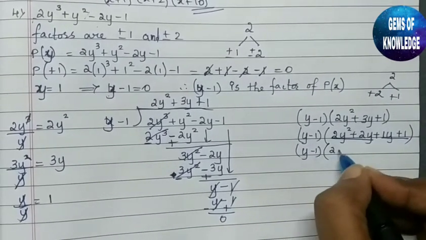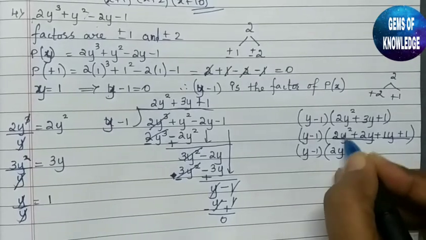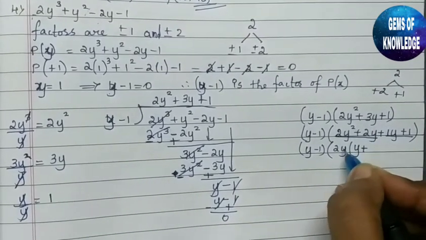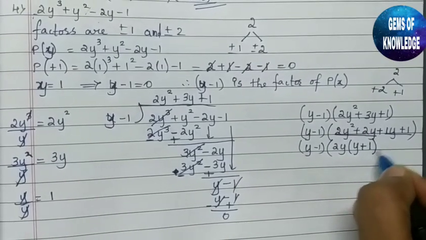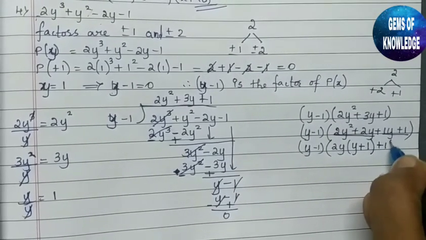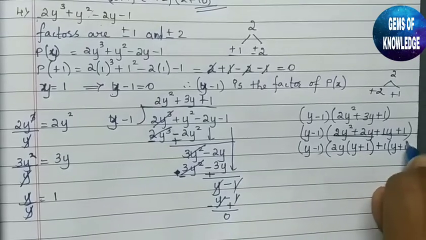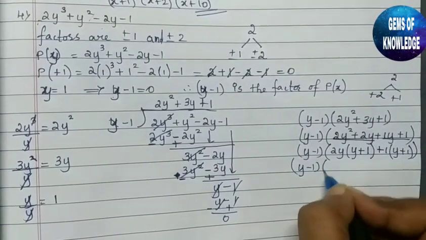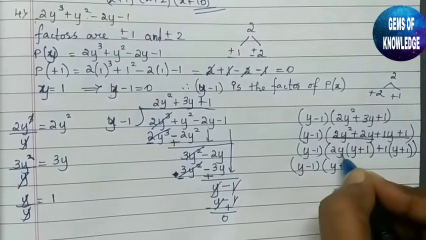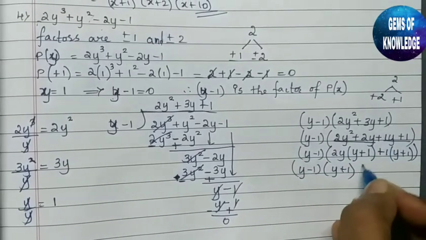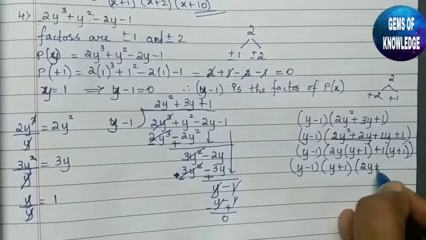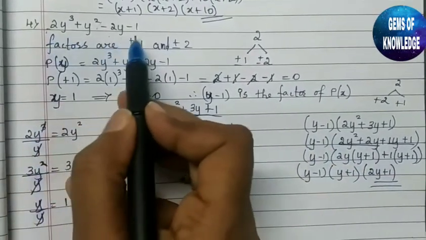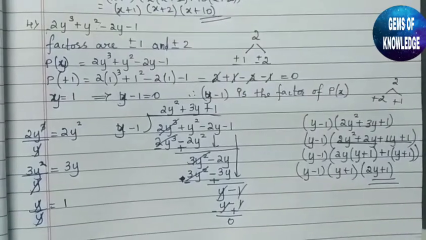So 2y I'll be taking outside. So what will be remaining? 1y will be remaining, and here already this term I have taken outside. So I'll be left with 1 plus 1 I'll take outside, and y plus 1 will be remaining. So here y minus 1 and one more term will be y plus 1, and one more term is 2y plus 1. So these are the three terms, three factors for this complete polynomial.